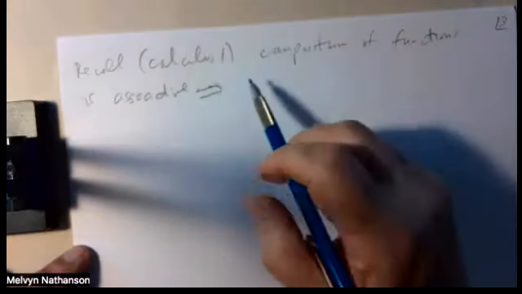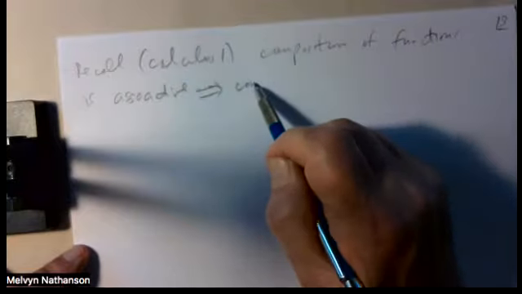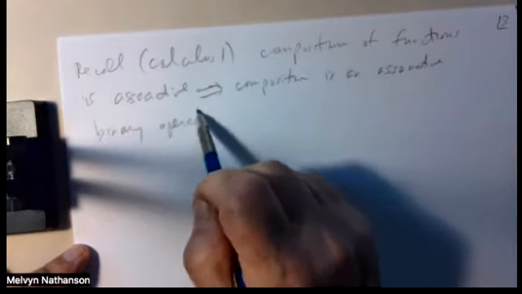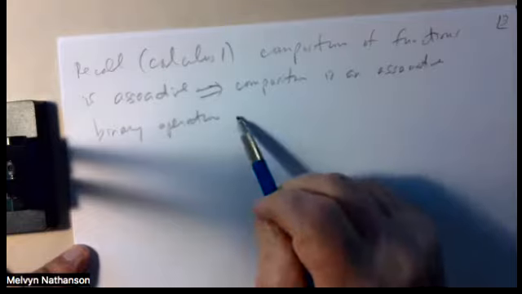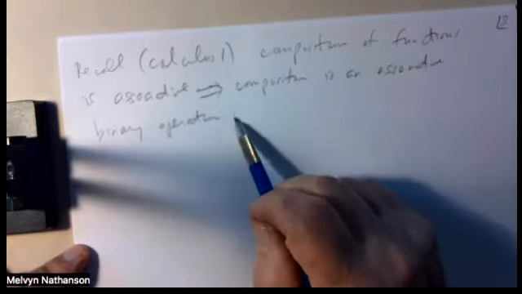So this implies that composition is an associative binary operation in Sn, in the symmetric group.